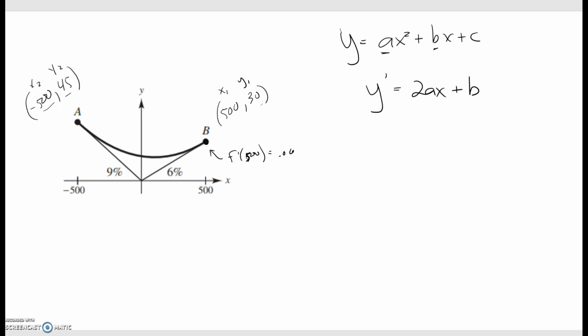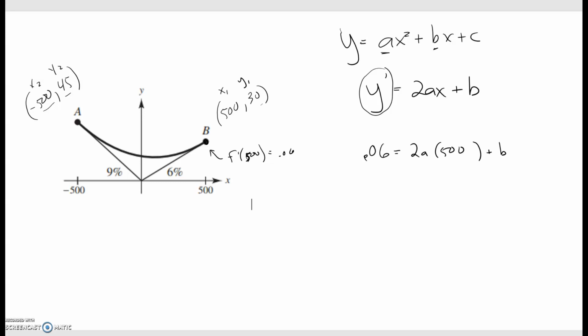So once I do that, I can plug in the points. So that is the derivative when x is, so you got to be careful. I'm not plugging in the y value of 30. I'm plugging in the y prime value of 0.06. So the derivative when x is 500 is 0.06.